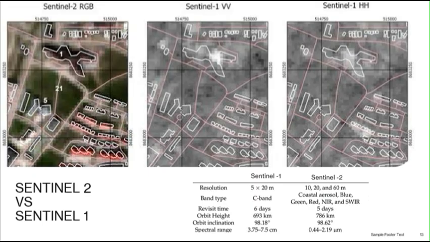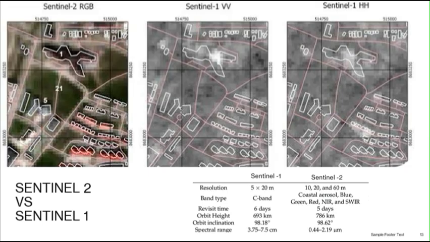On the right are images collected from Sentinel-1, which uses active sensor collection. It used an active synthetic aperture radar, otherwise known as SAR, which we'll talk about in another lecture. Instead of measuring reflected sunlight, Sentinel-1 transmits microwave radar pulses and measures the energy that is reflected back to the satellite. We call that backscatter.